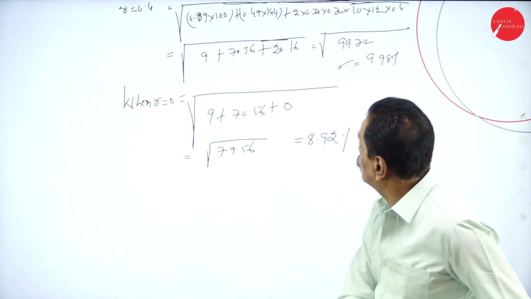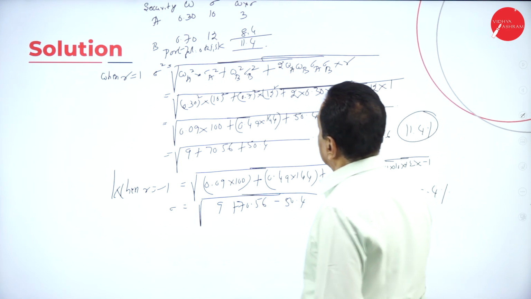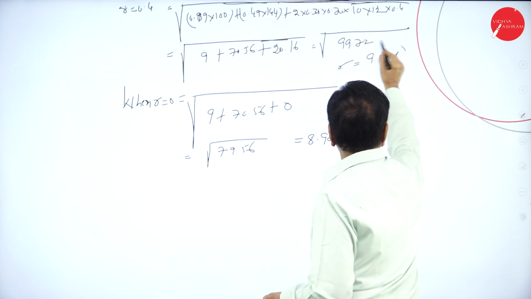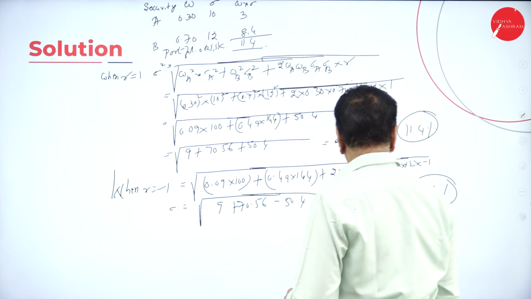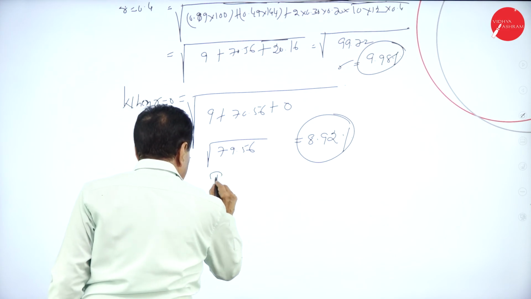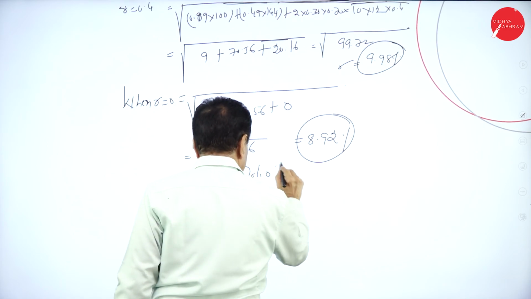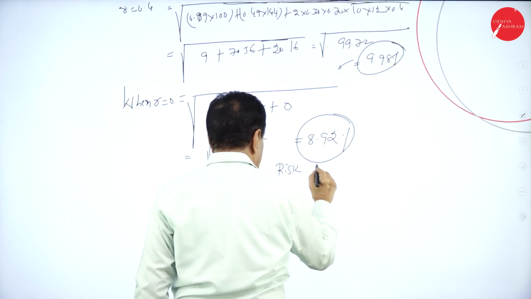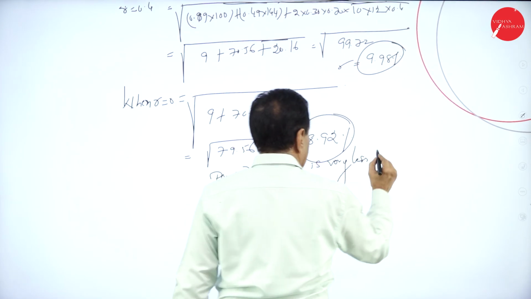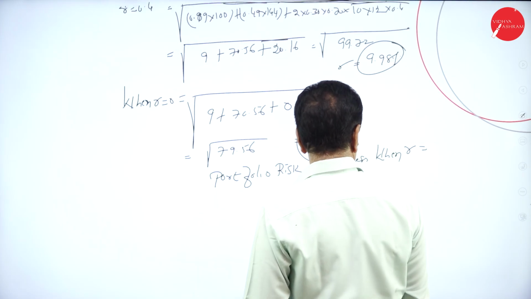So we can assume, what is the first one? 11.4. Second one, 5.4. 9.98. 8.92. So portfolio risk is very less when R is equal to -1.